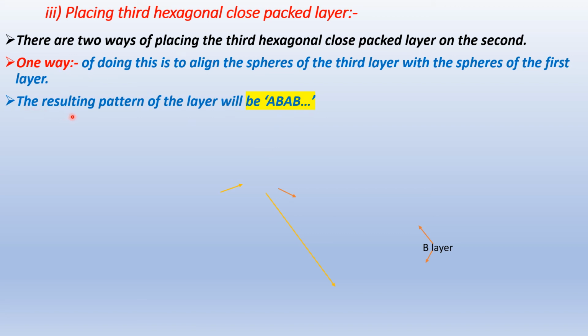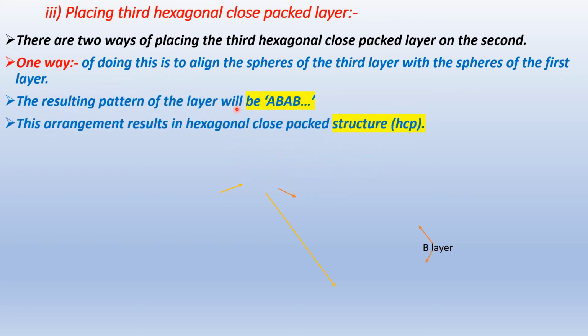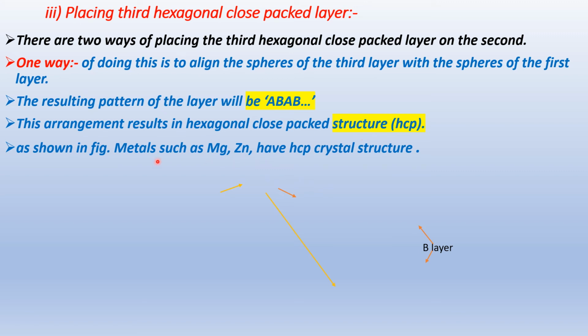The resulting pattern of the layers will be ABAB type. This arrangement results in the hexagonal close pack structure, that is HCP. These are shown in the figures.